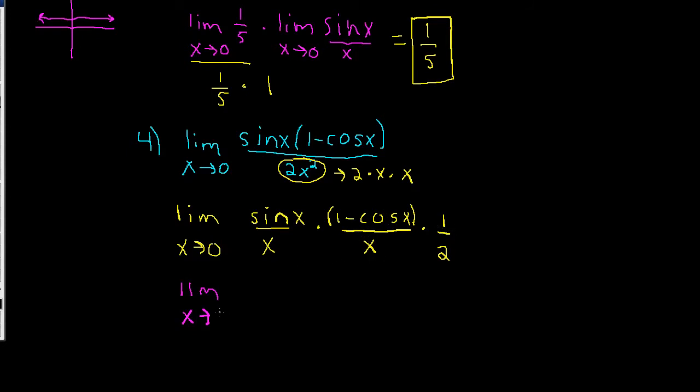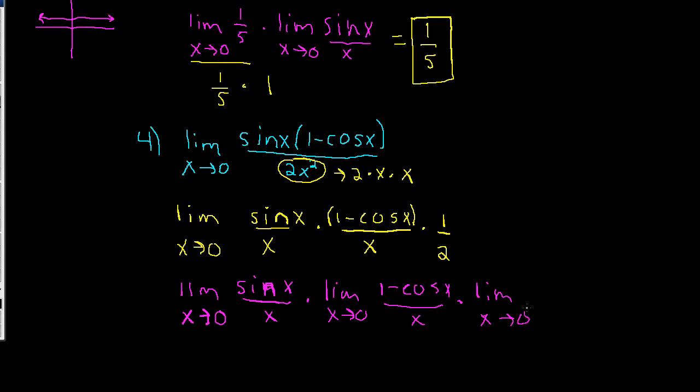But let's write it out to be thorough. Whoops, not sine, but sine of x over x, times the limit as x goes to 0 of our next function, times the limit of this constant, which is just 1/2.